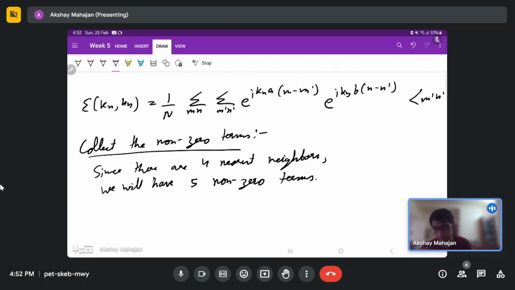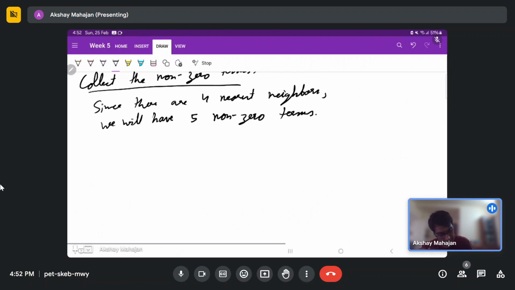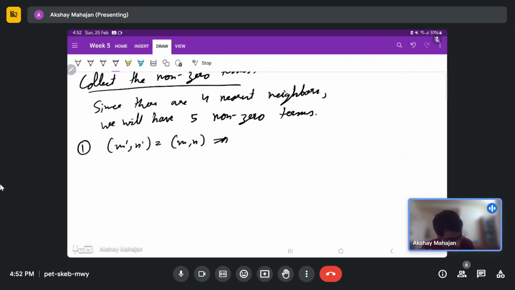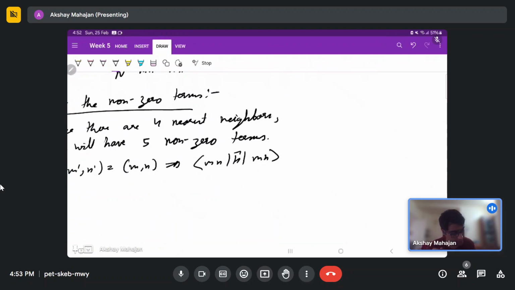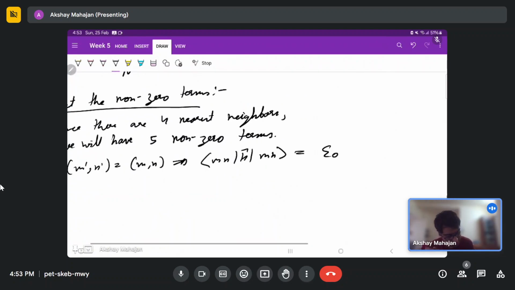Alright, so first will be for m prime n prime equals to mn, we will get mn h cap mn. Similarly, e to the power 0, so there will be 1, which will be equal to epsilon naught.